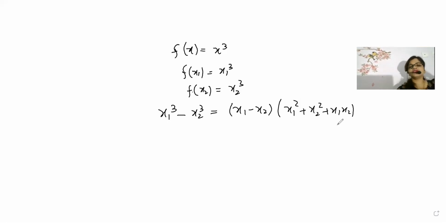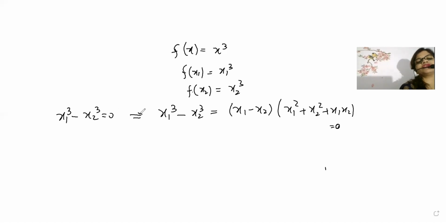Now this part x1 minus x2 is exactly equal to 0, because we started with x1 cube minus x2 cube equal to 0, and then we started using the formula.